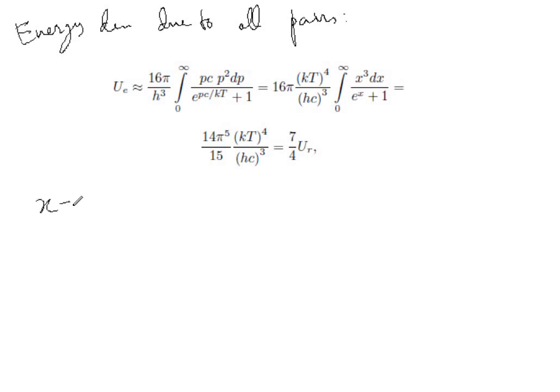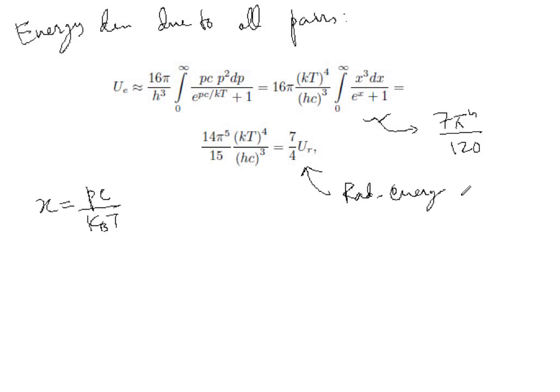Here we have substituted x is equal to Pc by kBT, and again this last integral has a value of 7 pi to the power 4 by 120, and UR is basically our radiation energy density. So I have written this in terms of radiation energy density.